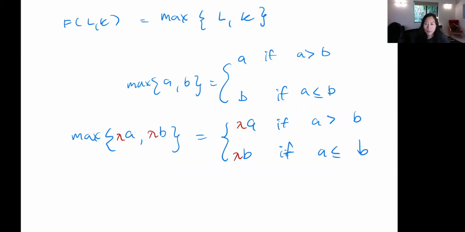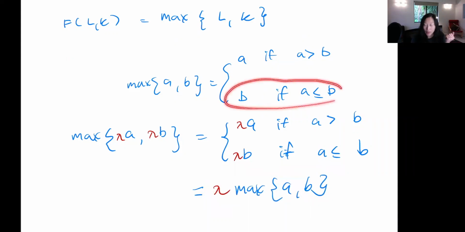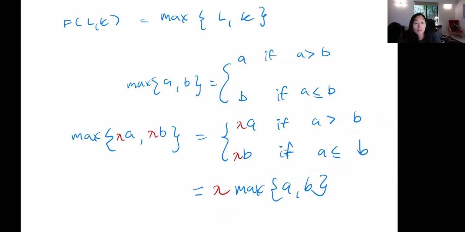So pretty much this is the same answer: max(lambda A, lambda B) equals this, therefore this function must also equal lambda times max(A, B). It is lambda A if A is greater than B, or lambda B if B is greater than or equal to A. Therefore, this has to be constant returns to scale as well for the max function.